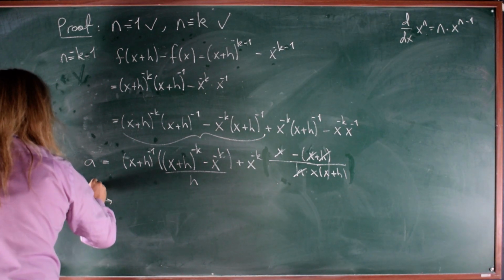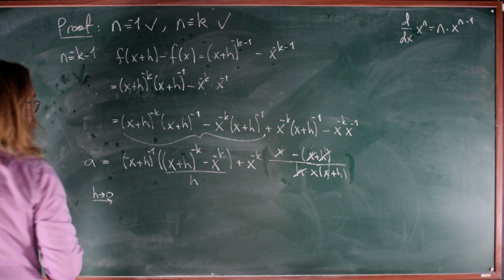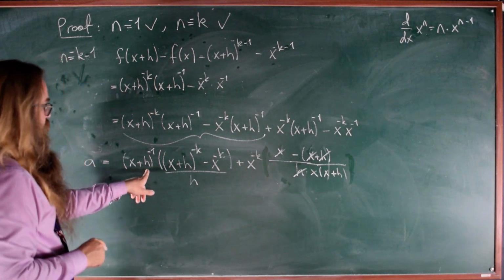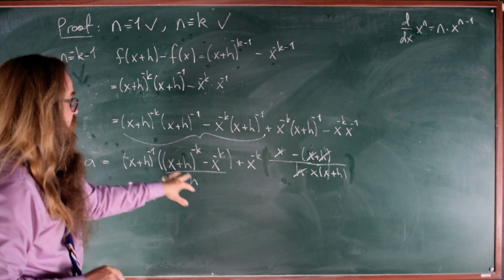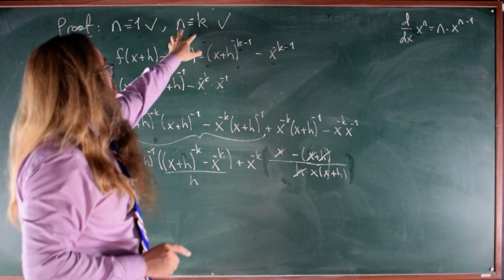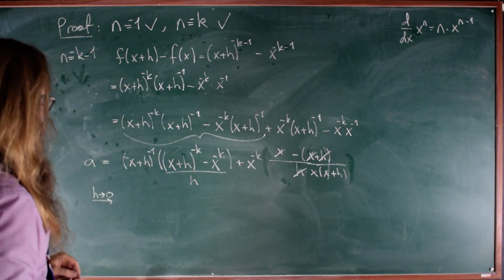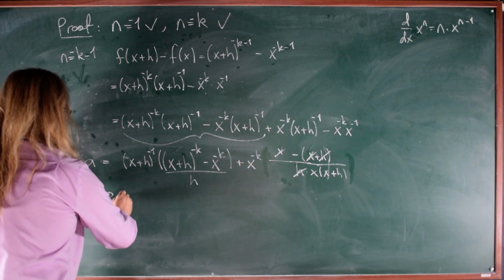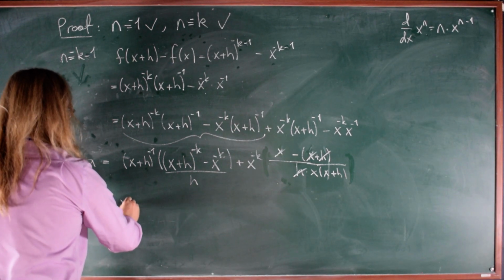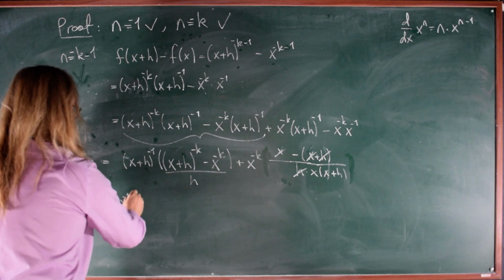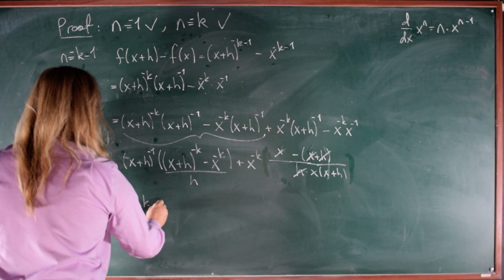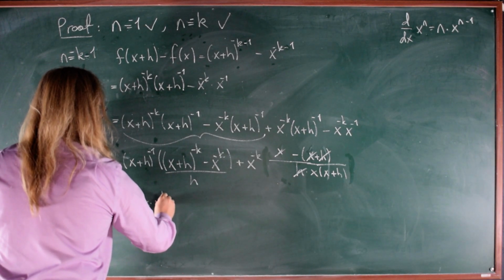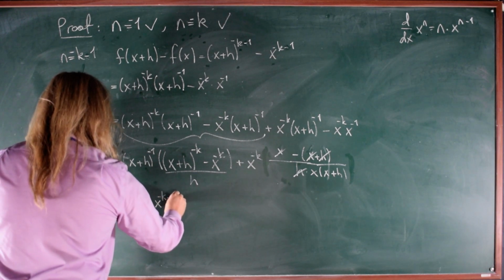Again, as h goes to 0, well, this little thing doesn't really do anything. This, by our induction assumption, goes to minus k times x to the power minus k minus 1. This goes to x to the power minus 1.